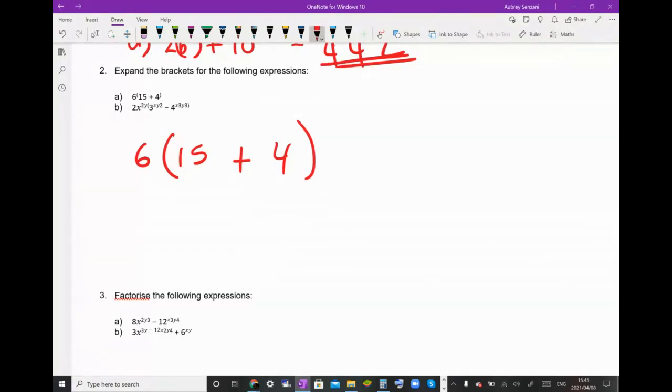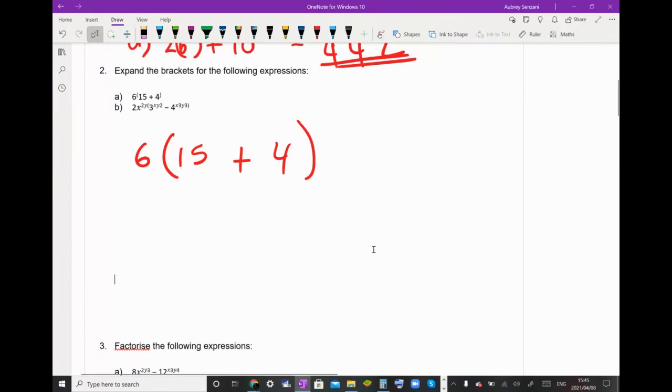So here what must happen? How do we expand these brackets? How should we go about this, guys? Somebody tell me. What is the answer over here?